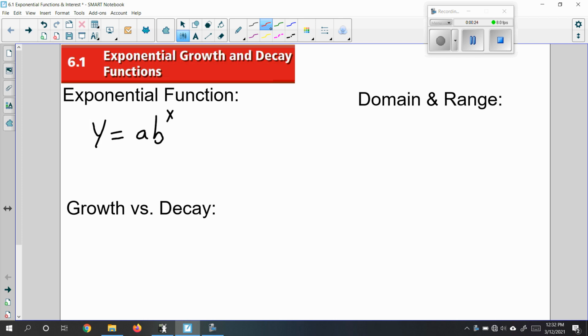In an exponential function, the variable is an exponent, where a and b are numbers known as parameters.